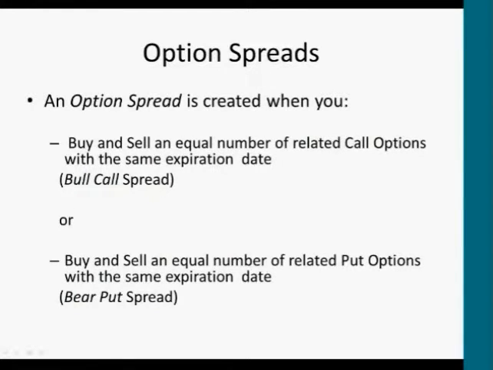And you can also initiate a bearish spread by buying and selling an equal number of put options with the same expiration date. And we don't have any of these bear spreads on right now, but we did have these in 2008 and 2009 when we were in a bear market, and we did very well with these bearish spreads. So they work both ways.